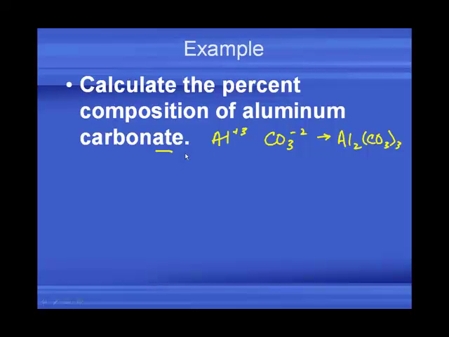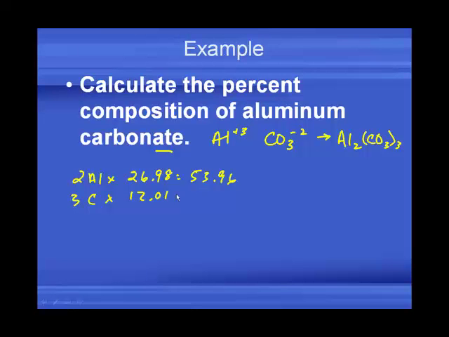So if we want to calculate the percent composition of aluminum carbonate, we've got 2 aluminums, and aluminum has 26.98 for its mass, for a total of 53.96. I've got 3 carbons.